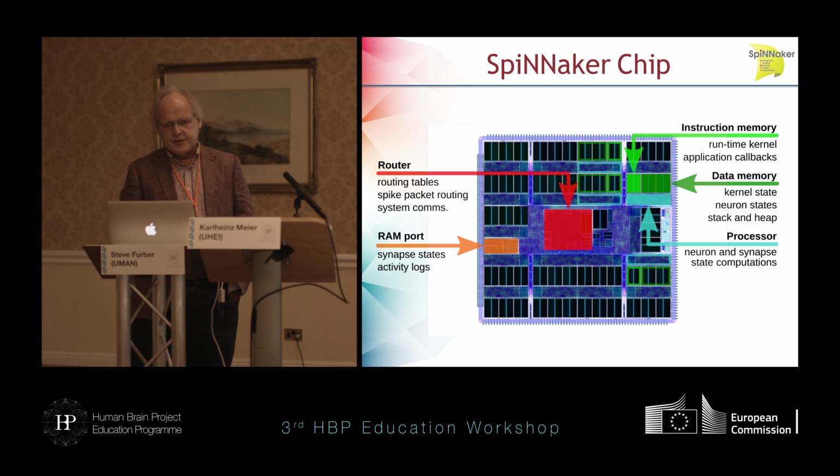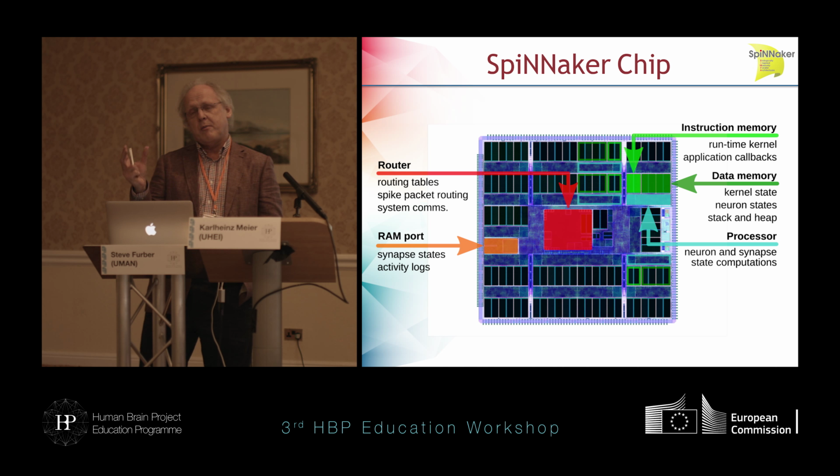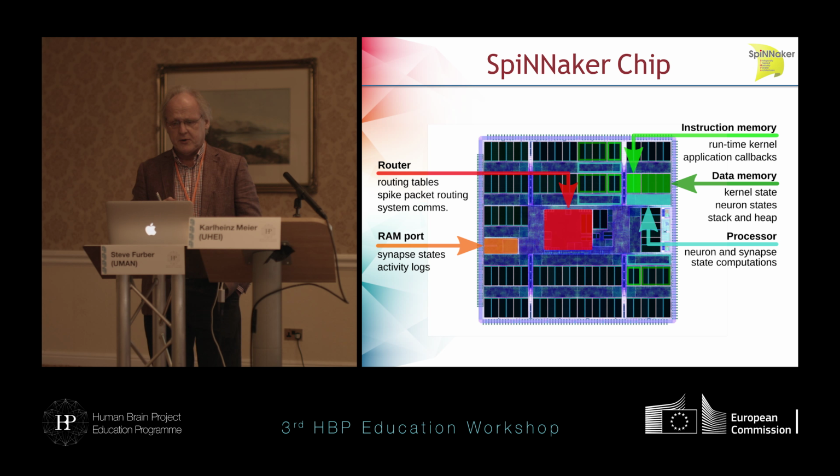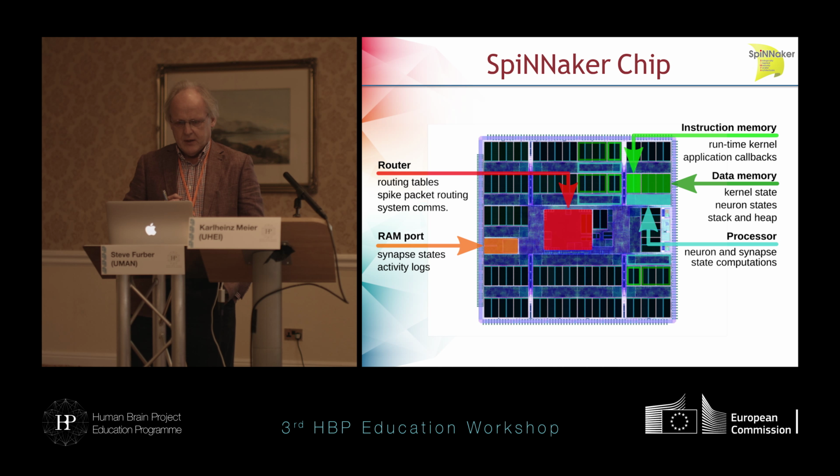Less frequently accessed stuff, typically the synaptic connectivity matrices, gets exported through this shared RAM port to DRAM, so they're about a centimeter away from the processor. And in the middle, this red square is the router, which is, if you like, the innovative bit of the whole architecture.